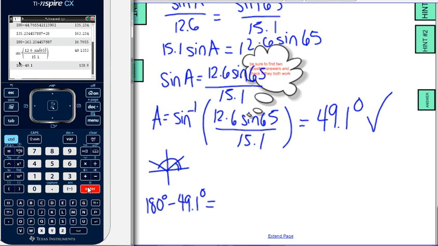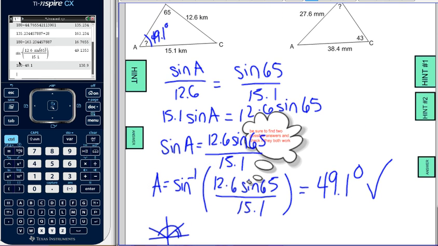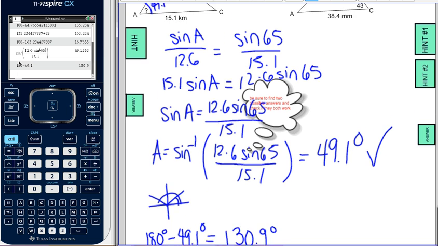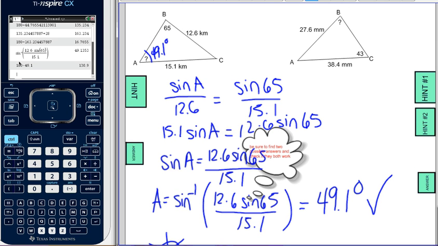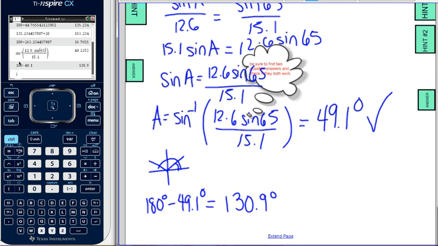So 180 minus 49.1 is 130.9. We need to check that this is a possible solution. If angle A is equal to 130.9, and we add that to angle B, 65 degrees, is that going to be more than 180?